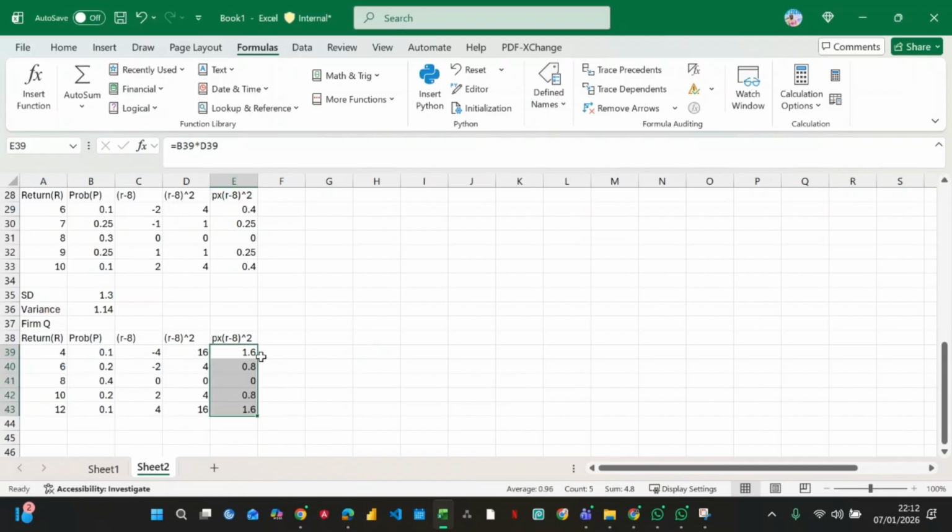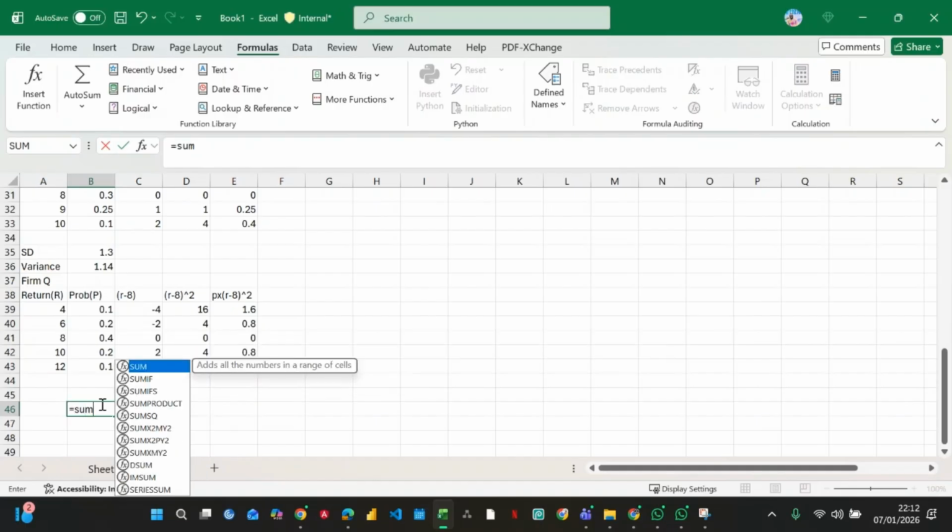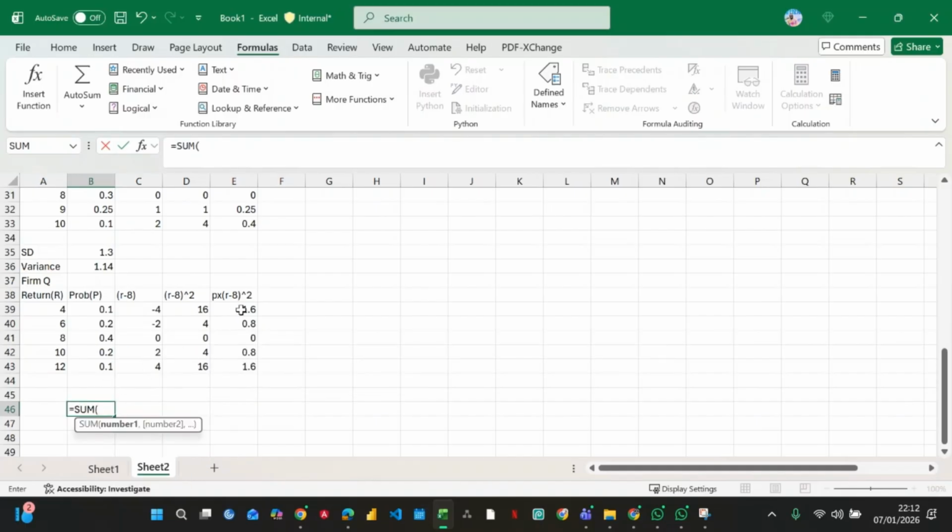Then it will give me 1.6. Right, so this is 1.6. So I'll get the standard deviation. So I'll now say equals the summation of this, which will give me 4.8. It's giving me 4.8, right? So this is going to be my HD.